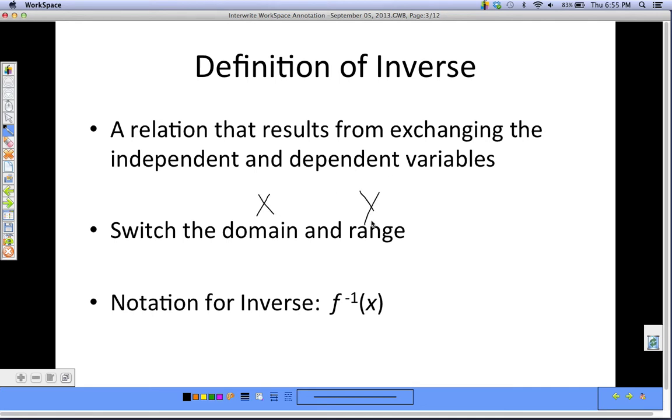So we're going to switch our X and our Y. Some new notation that you also need to know is that instead of using function notation, we have our inverse notation. So we say f of -1 of x for our inverse notation. When we solve for our inverse algebraically, we will then put this notation in front of the inverse to show it is in fact an inverse.